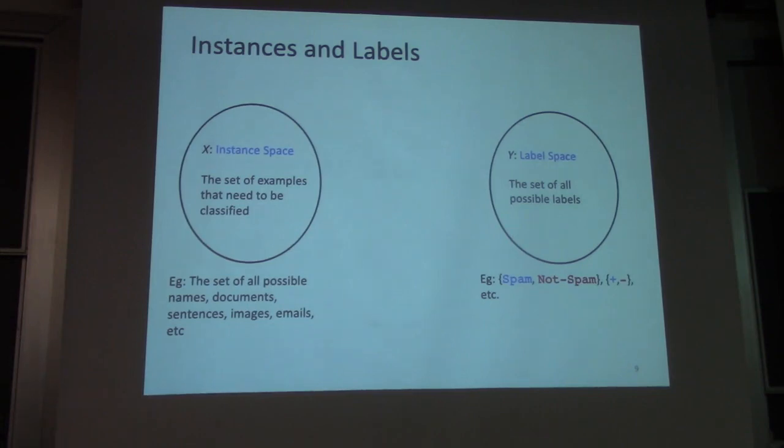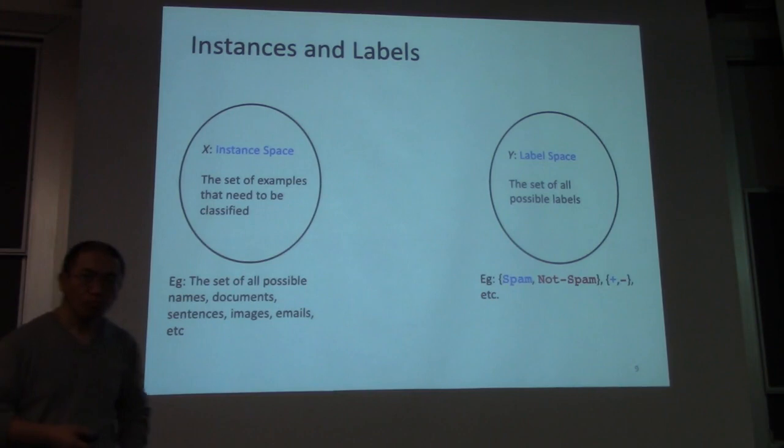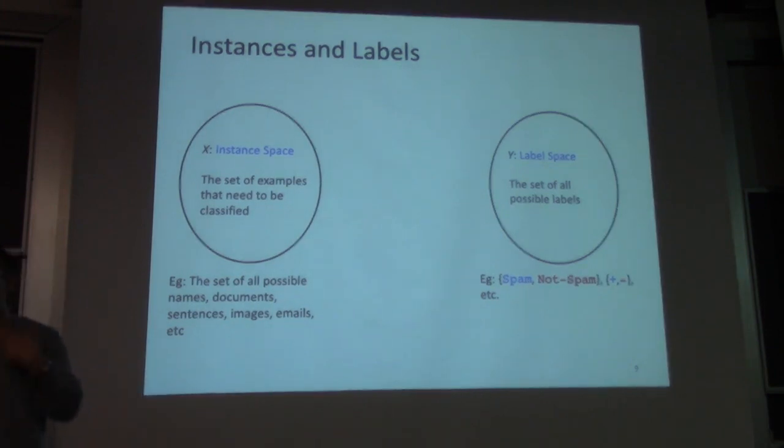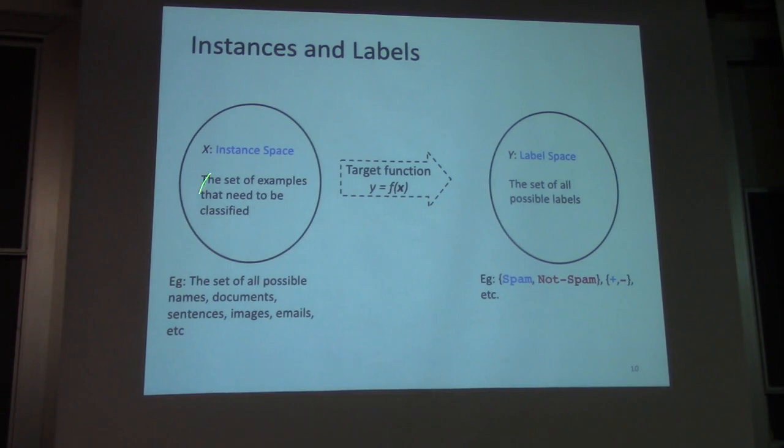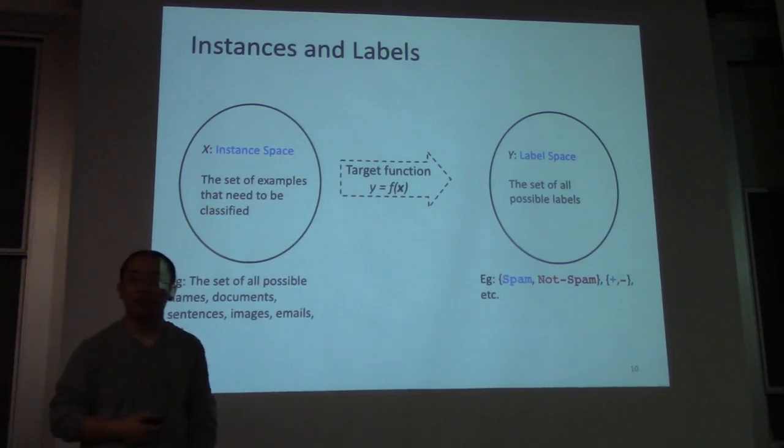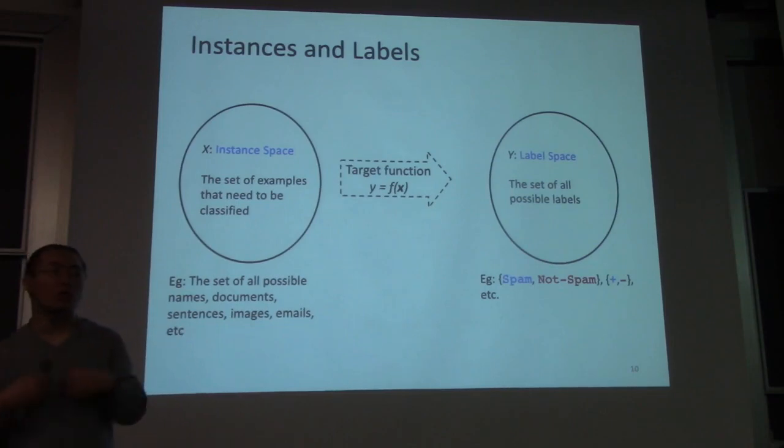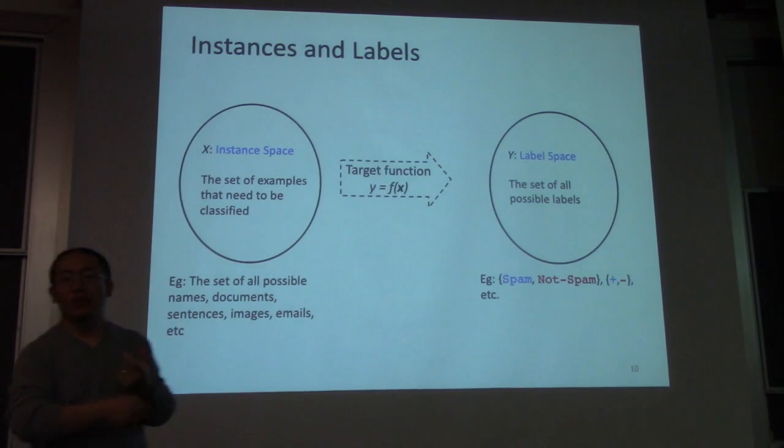And then, given the instance space and label space, our task is essentially to find a mapping between each particular instance and a label, right? So if you want to predict something or you want to label something, you actually want to find an underlying function of the instance.